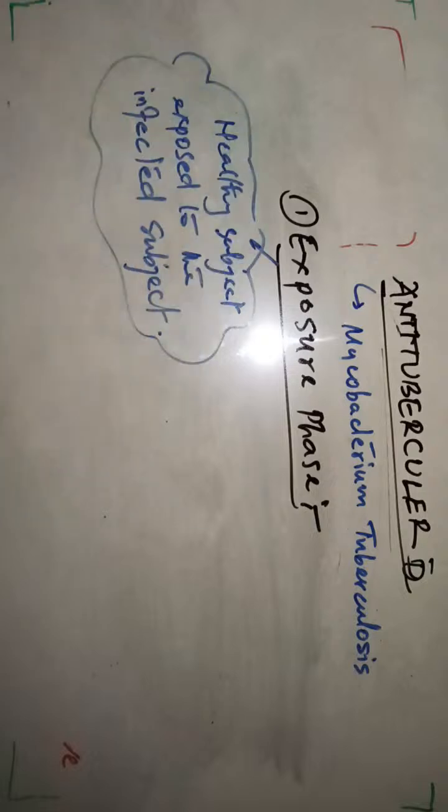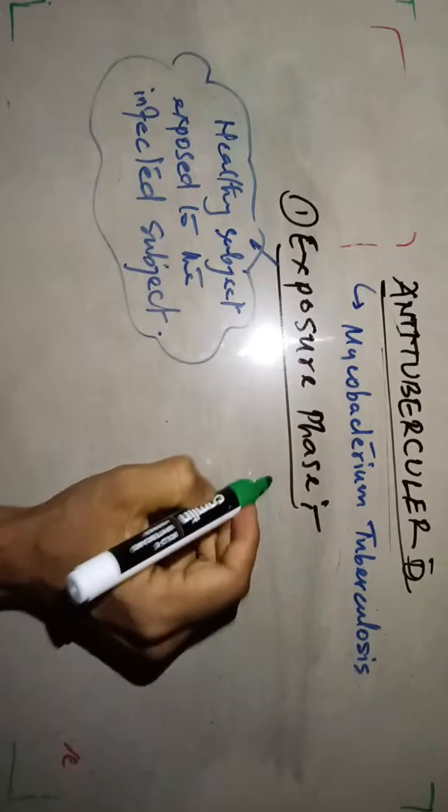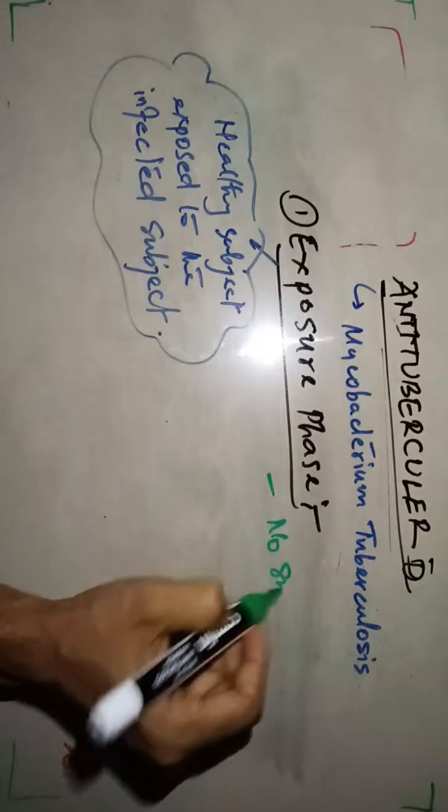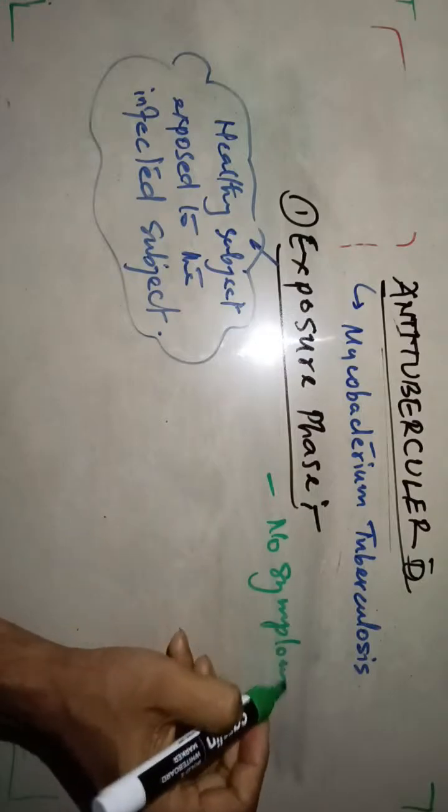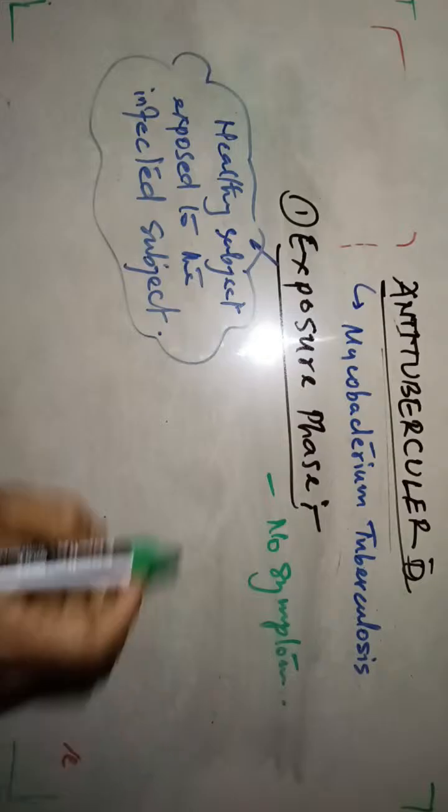This is the phase 1, exposure phase. In that phase healthy subject will be exposed to the infected subject. And as I mentioned a few minutes ago, in that phase there will be no symptom seen, no symptom.